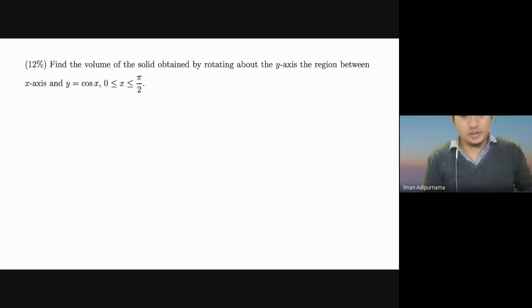Okay, and the interval is from 0 to pi over 2. So try to check the results. And if you'd like, you can try using shell or even the disk method, you can check.